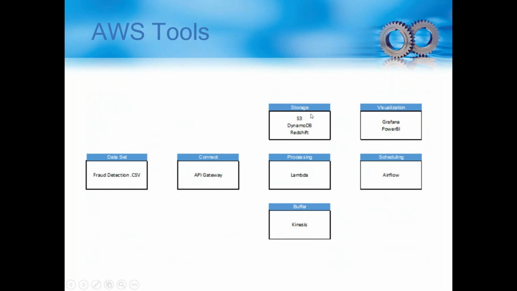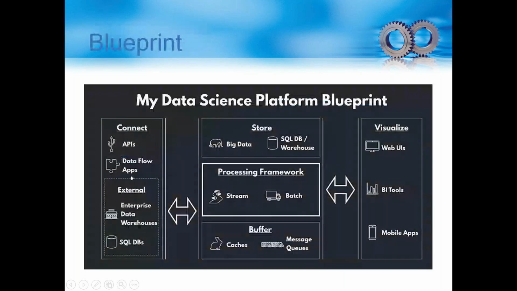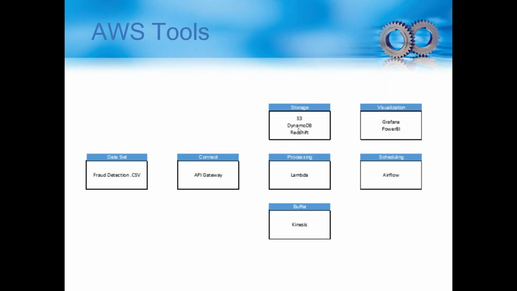There are basically three stages, and in this storage stage we again have three layers: processing, storing, and buffering. Here in our AWS, we use S3 buckets, DynamoDB, and Redshift as storage.